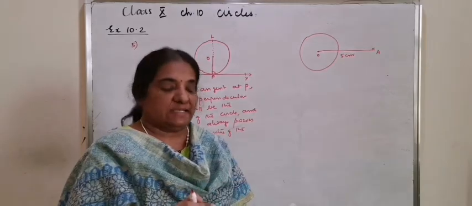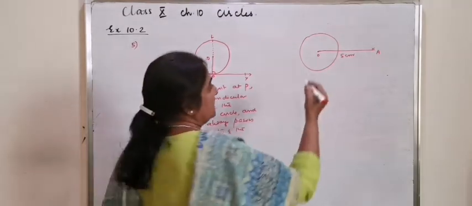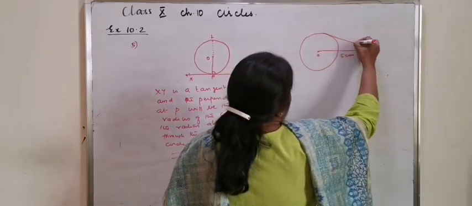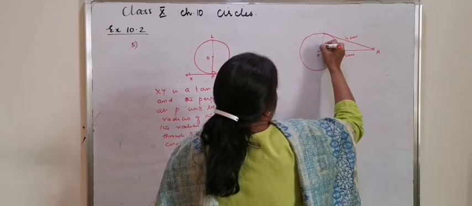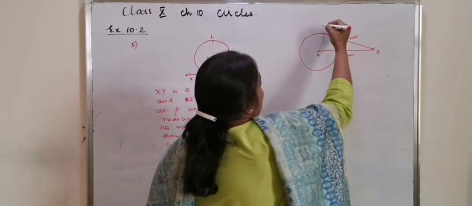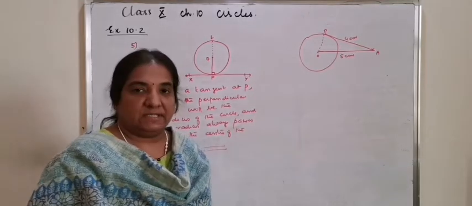So, if you connect the sentence, the length of the tangent from A, which is at a distance of 5 centimeters from the center of the circle, is given as 4 centimeters. You have to find out the radius of the circle.